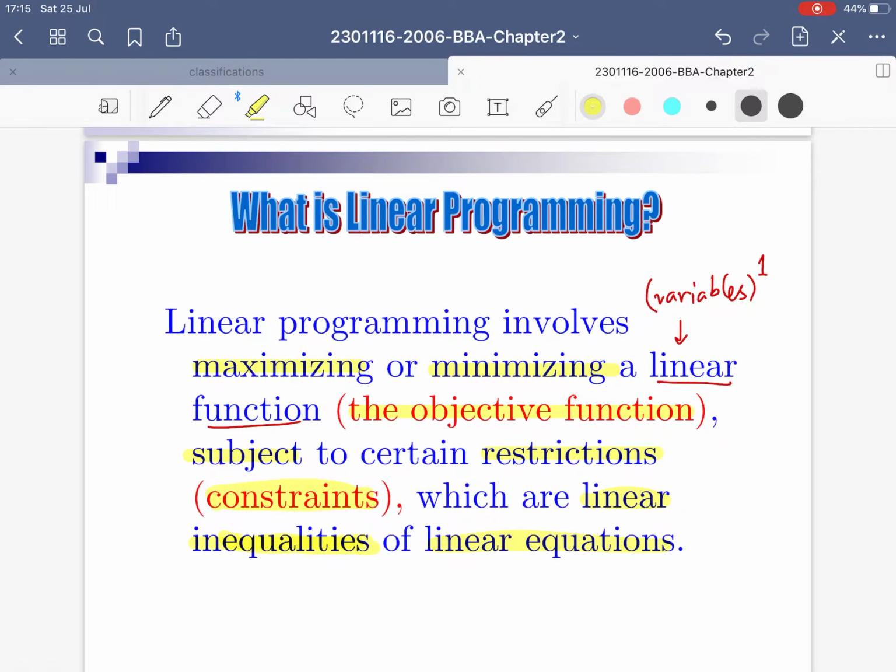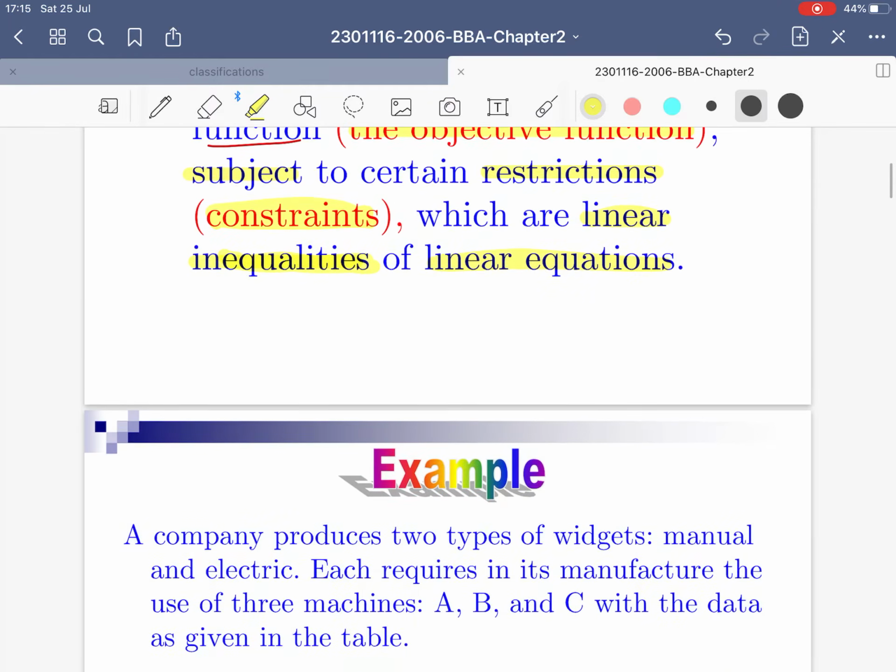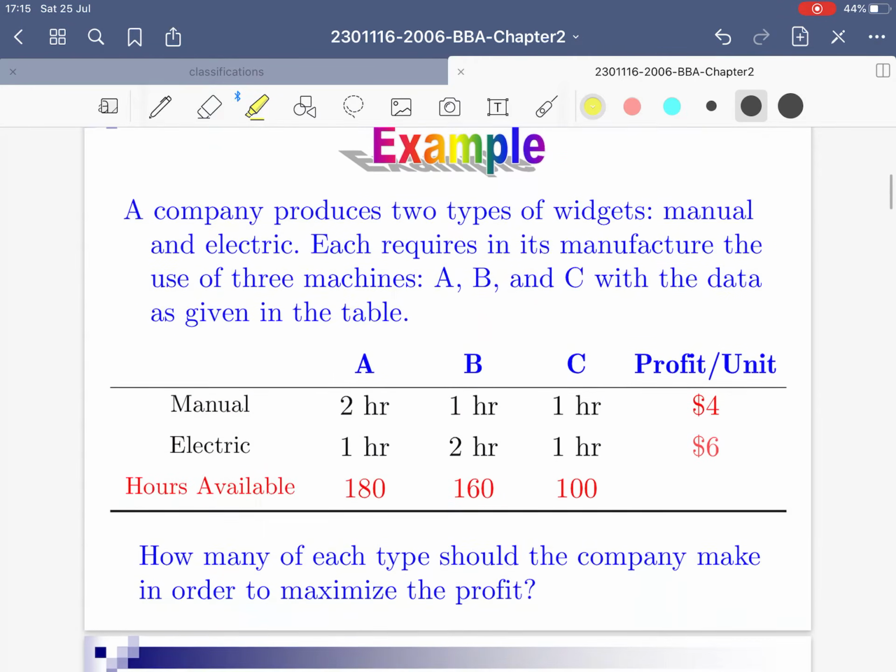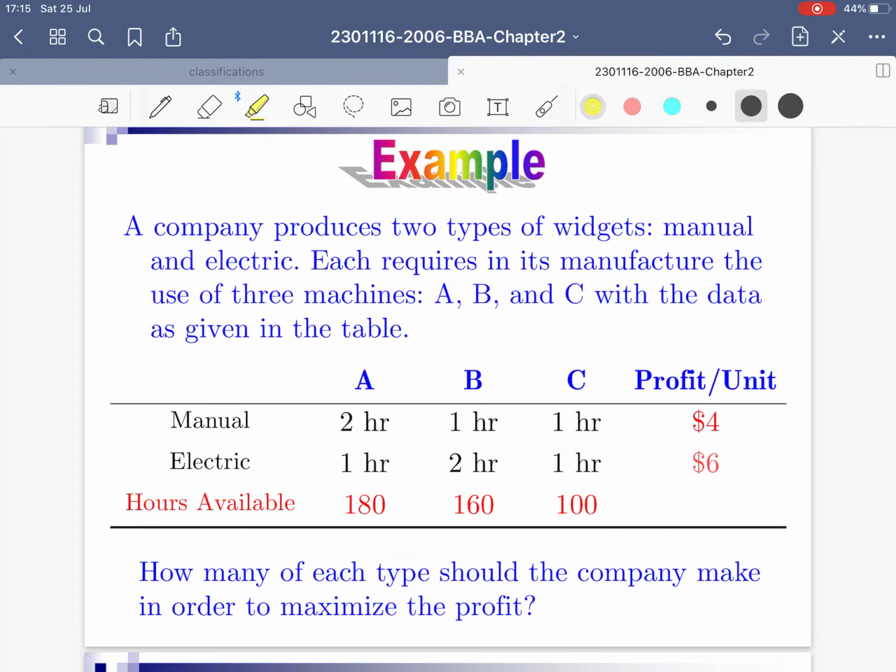Let us take a look at an example. A company produces two types of widgets, manual and electric. Each requires in its manufacture the use of 3 machines, A, B, and C, with the data given in the table.